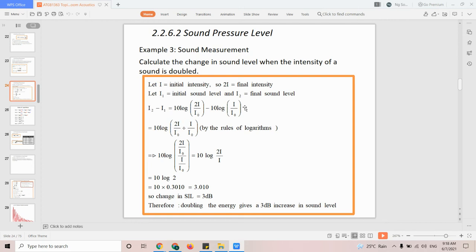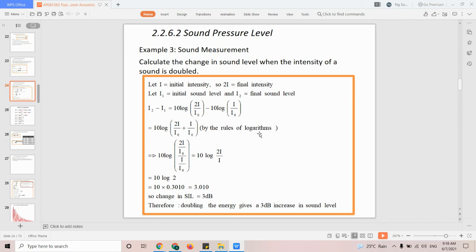So you will still be making use of the formula for sound intensity, but instead of putting in a value, you have to assume the difference between sound level 1 and sound level 2, which is the initial and the final. So if we put it in here, hopefully you still remember your maths.